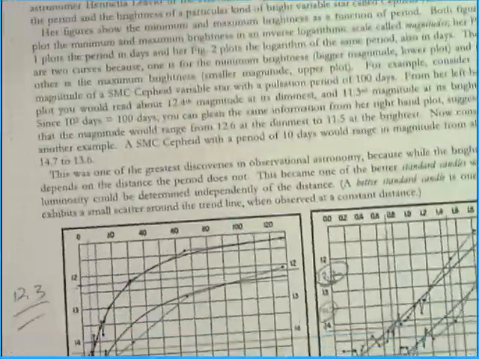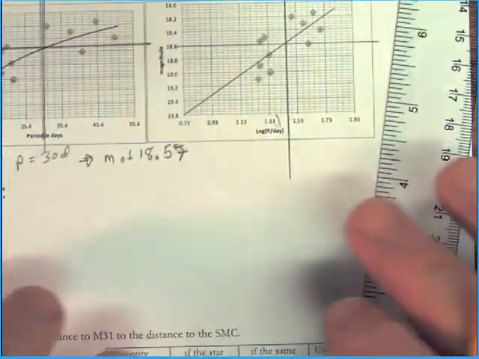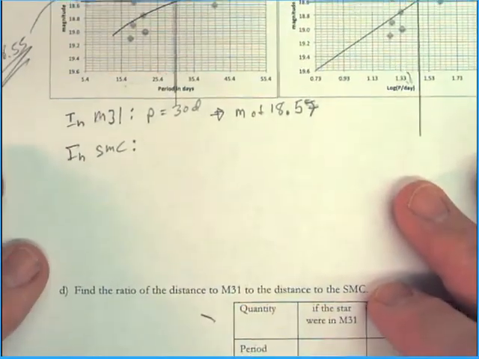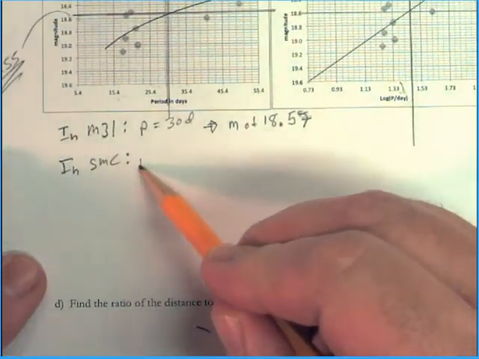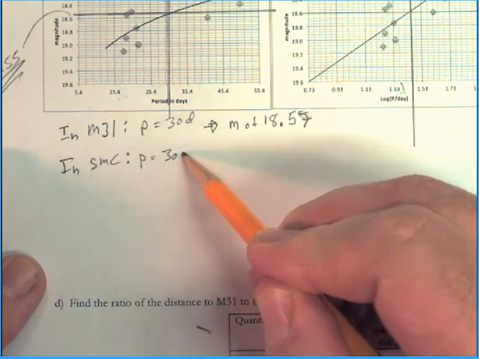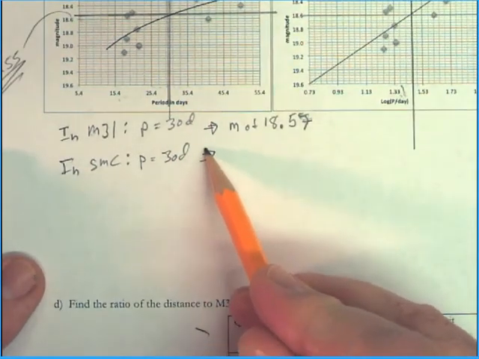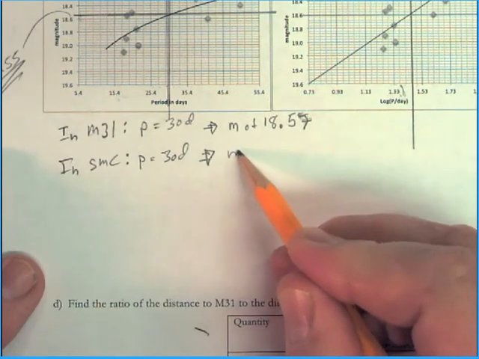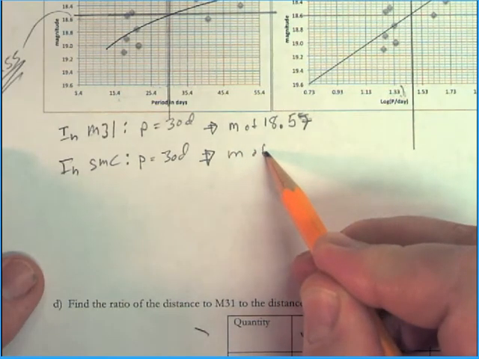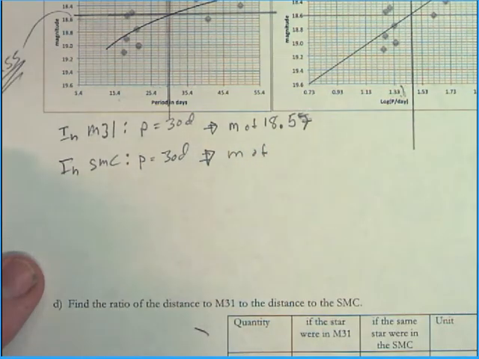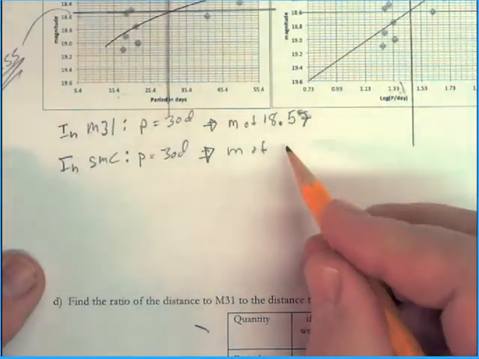So now that we've seen that, we can come back to here and we can say if a period 30-day variable star were in the SMC, then its magnitude is, we just said, 12.5.